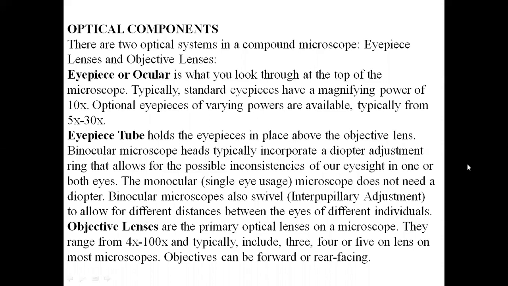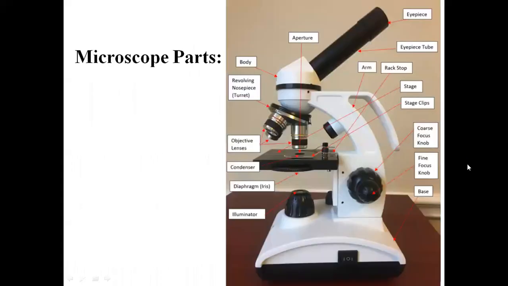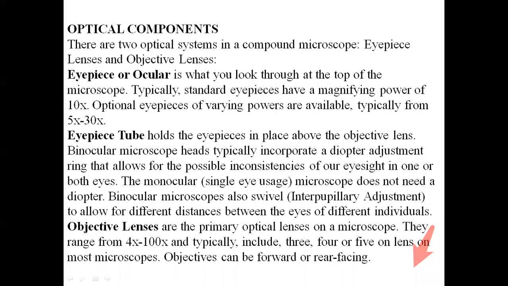There are two important optical components in the whole setup of your microscope. One is this and the other is this one. If you vary this thing and this thing, the whole image, the whole calculation or calibration will change.